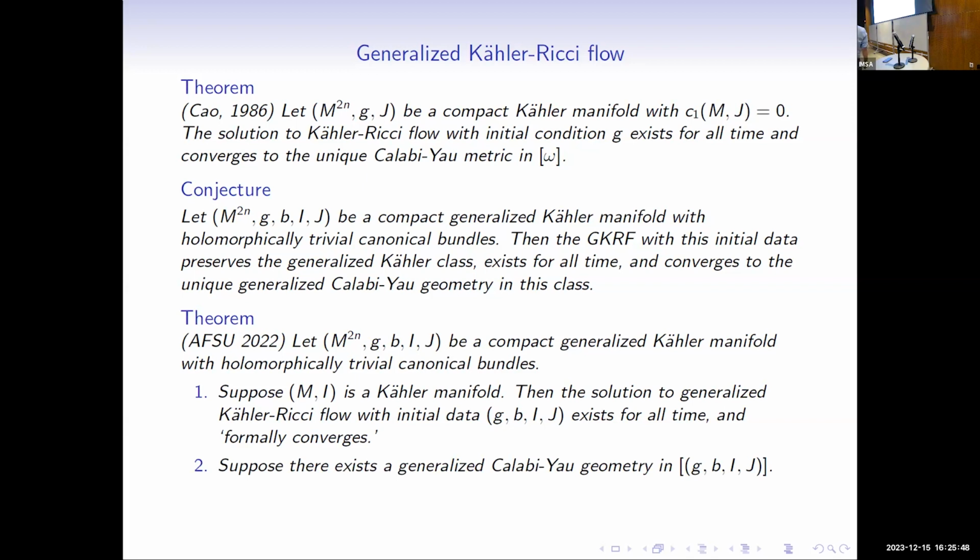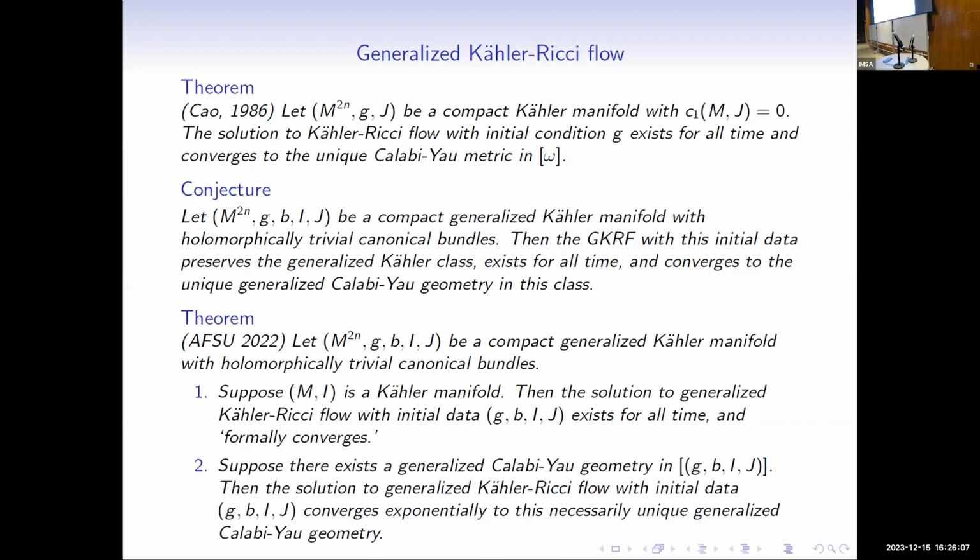So we suppose there exists a generalized Calabi-Yau geometry in the class, which, by this sort of fuzzy definition I gave of the class, it's not obvious that this is true, even if you're on a Kähler manifold already. But if there exists one, then we prove it does actually converge to this metric, which of course again is Kähler already. This is the Kähler Calabi-Yau.